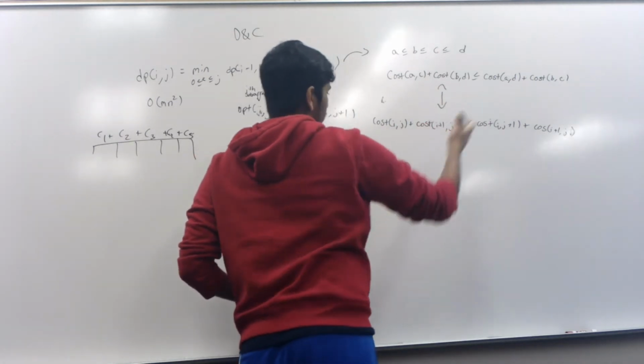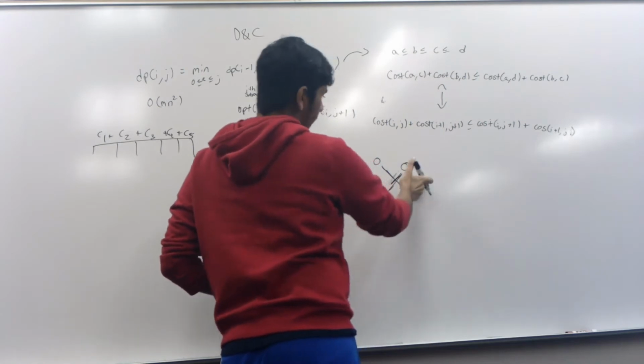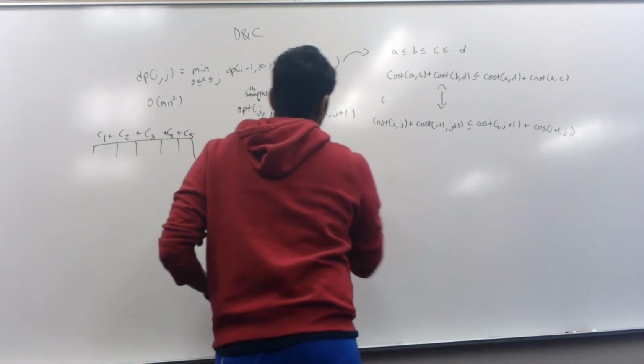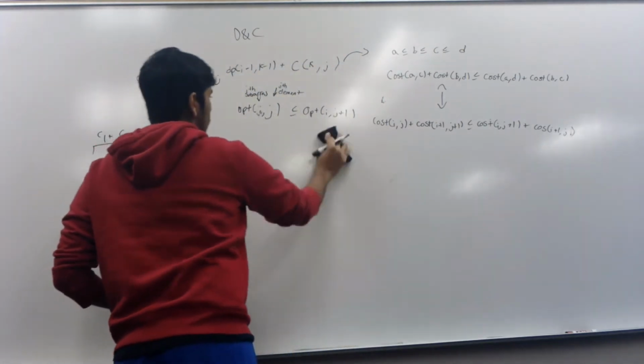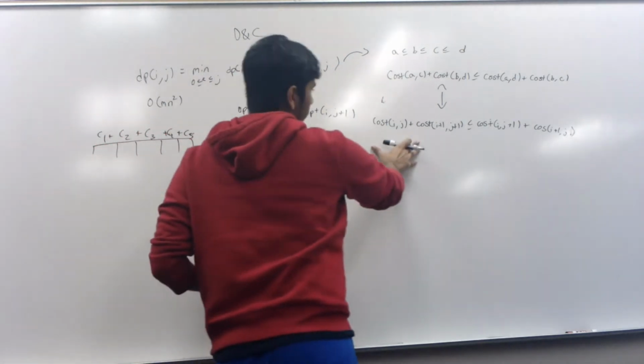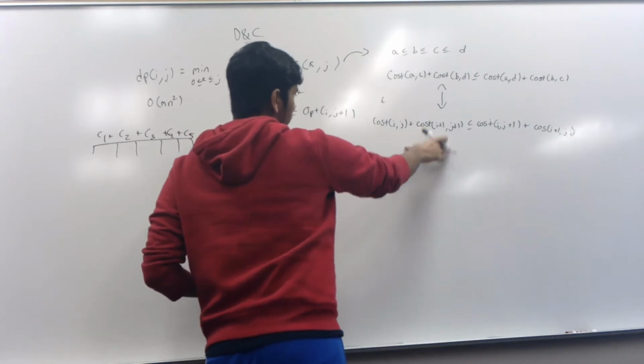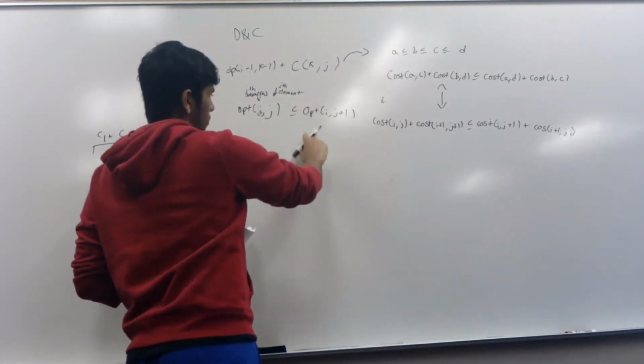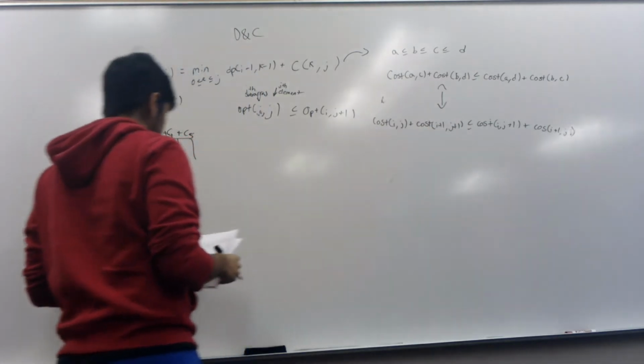So that contradicts this case right here, right? And that's why having this quadrangle inequality guarantees that your optimal transitions are always monotonic, pretty much.